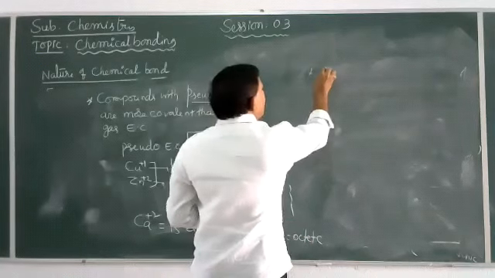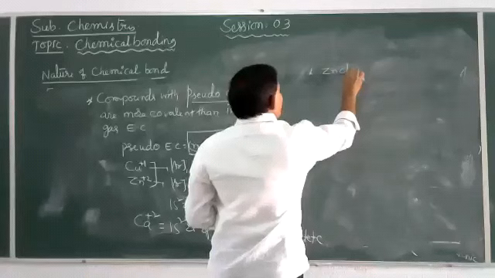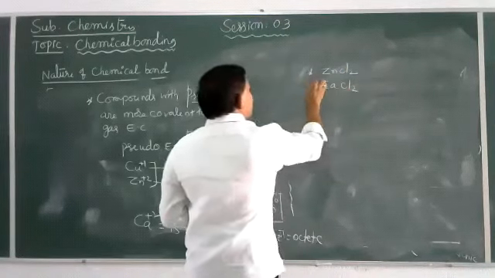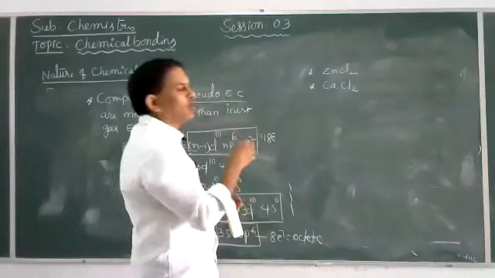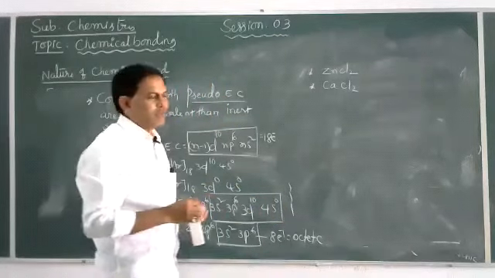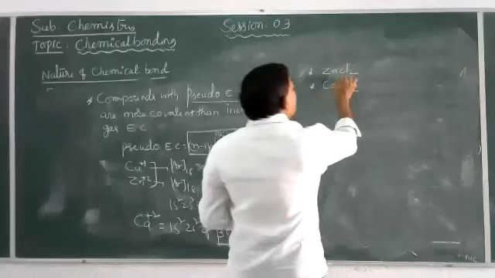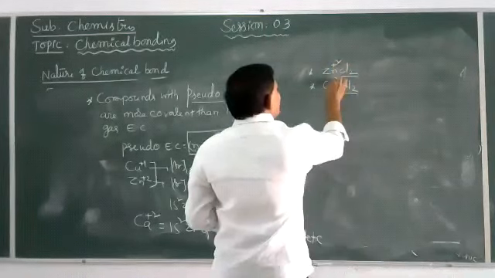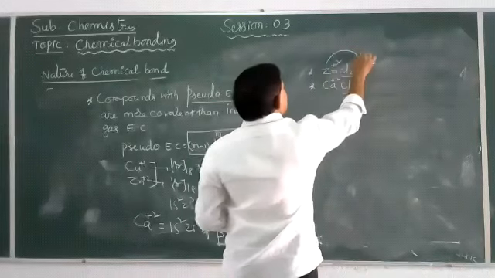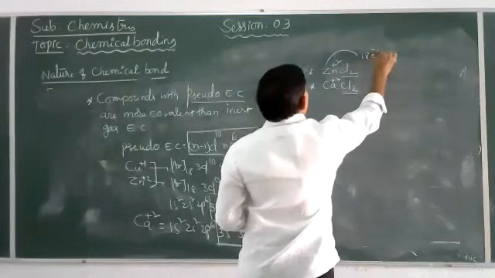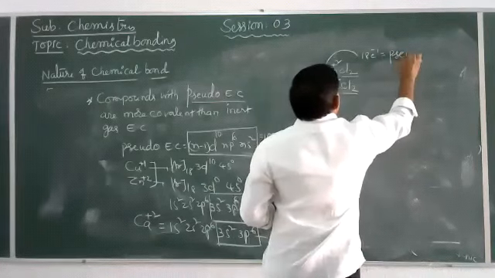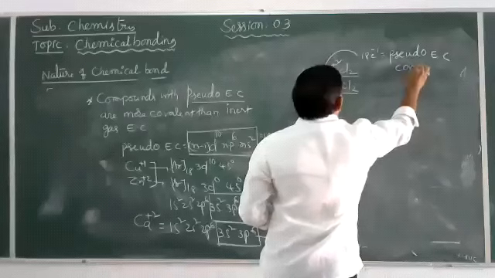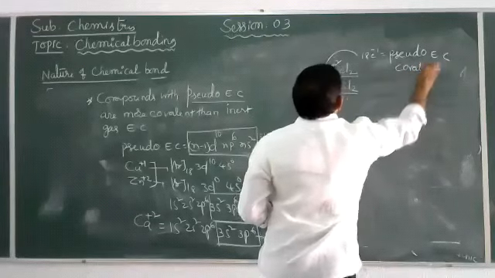For example, ZnCl2 and CaCl2 are given, which is more covalent in nature. Here the anion is the same, Cl-, but the cation is Zn2+ and Ca2+. Zn2+ has 18 electrons, that is the pseudo-inert gas electronic configuration. That's why it is covalent in nature generally.